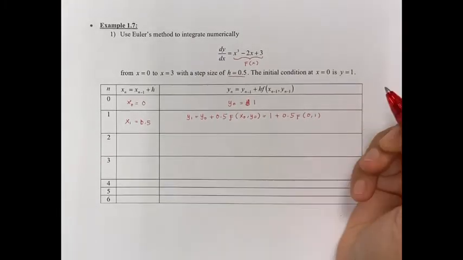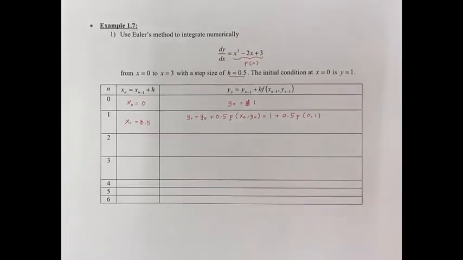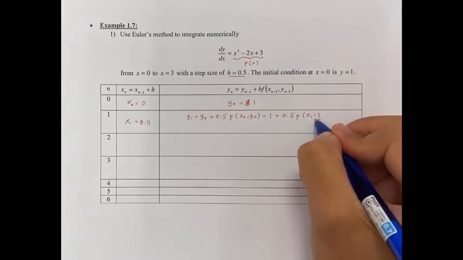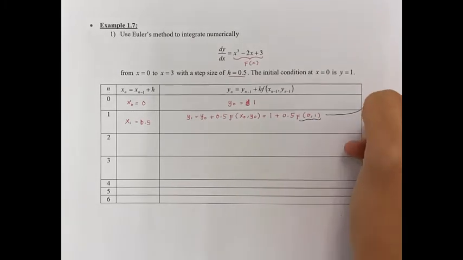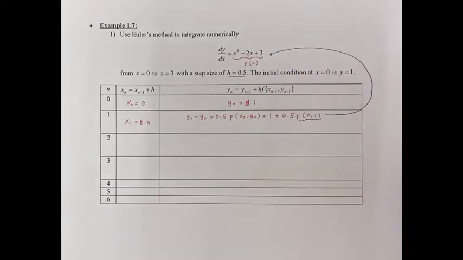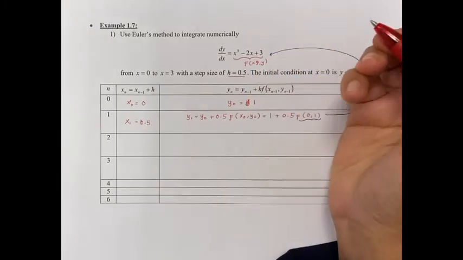So how do you find your f(0, 1)? For this one, you need to substitute the value of x equal to 0 and y equal to 1 into this f(x, y). Sorry, this is not f(x), this is f(x, y).